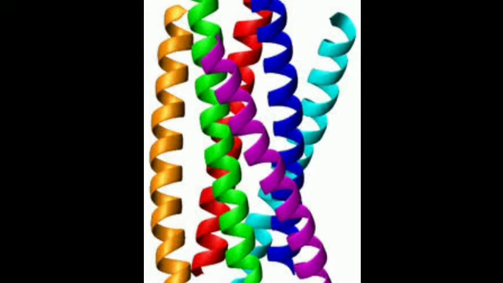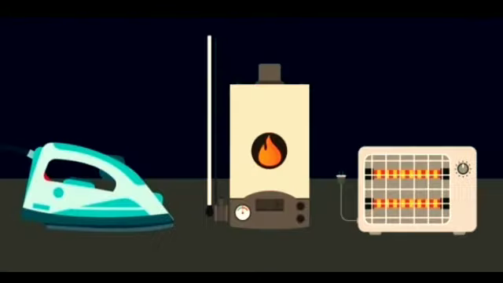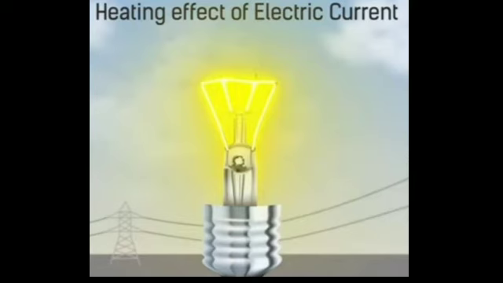For example, a coil made up of an alloy, nichrome, is used in the electric heater or cooker as a resistor, while a tungsten wire is used in an electric bulb. Because of the current, this wire gets heated and emits light, and the hot wire also radiates heat to a certain extent. These are all examples of the heating effect.